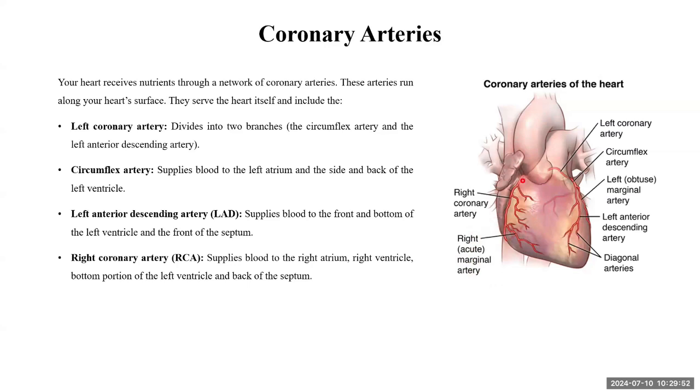So the right coronary artery supplies mainly a whole chunk of the right atrium, the right ventricle and the interventricular septum. Then there is the left coronary artery that originates on the left side of the base of the aorta. The circumflex artery is a branch of the left coronary artery that branches out further and supplies the left ventricle as well as the left atrium.